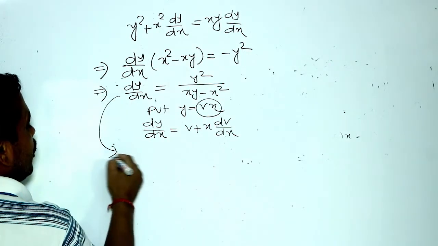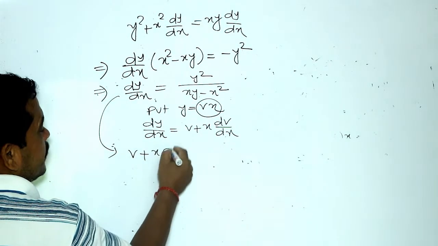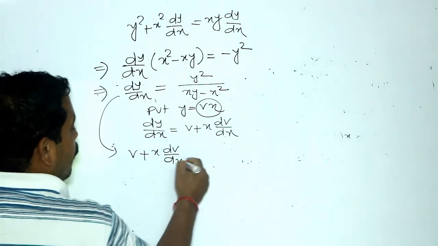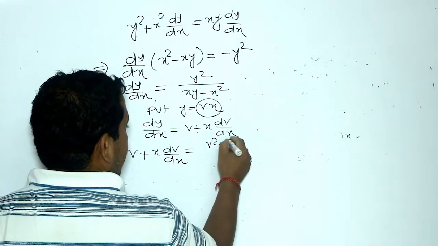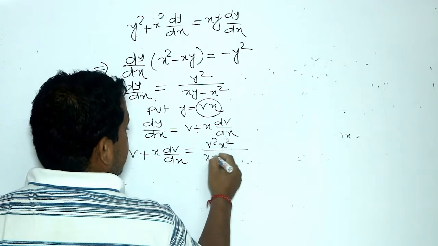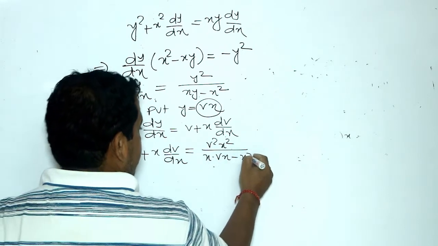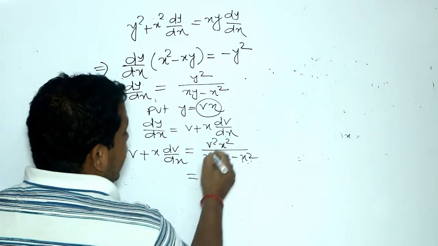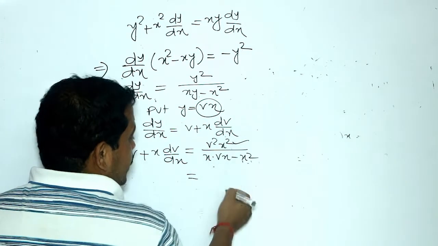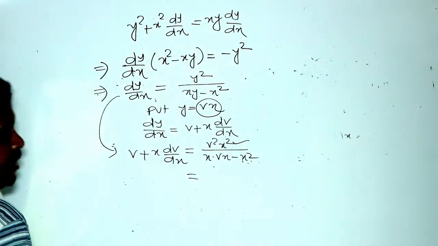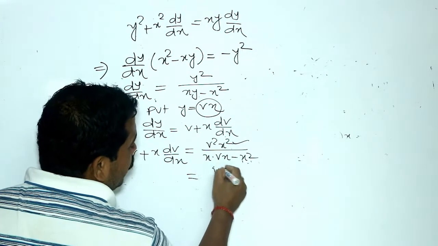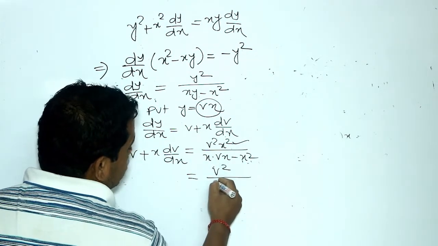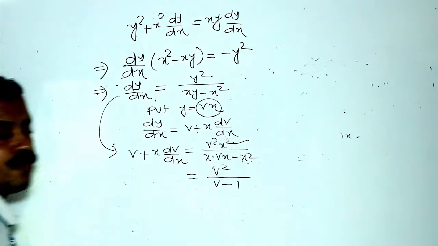Now the equation becomes v plus x into dv by dx equals to v square x square by x into vx minus x square. Now the right hand side numerator is also x square, denominator is also x square. Taking common and cancelling, we have the right hand side is v square by v minus 1.